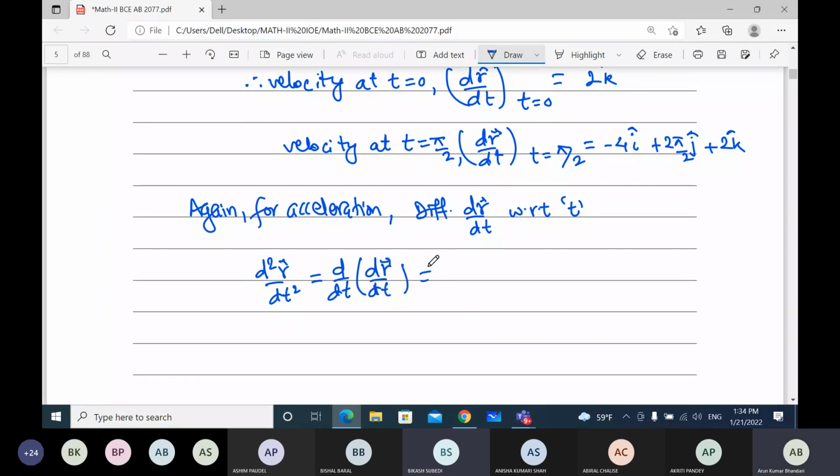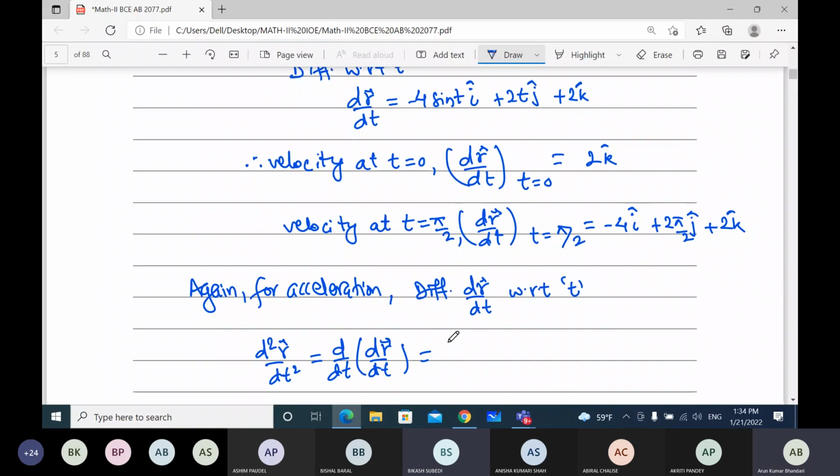We have found dr by dt, here it is minus 4 cos t i plus 2j plus 0k.